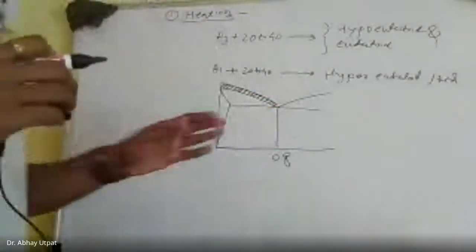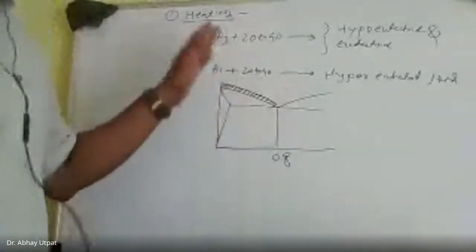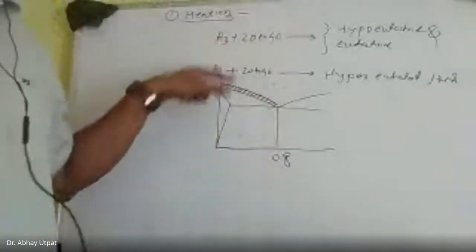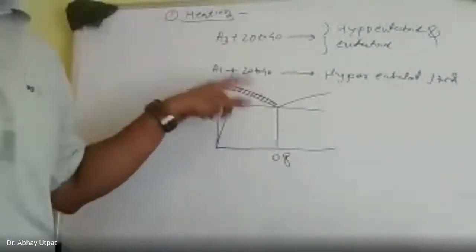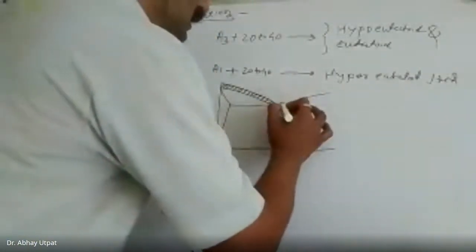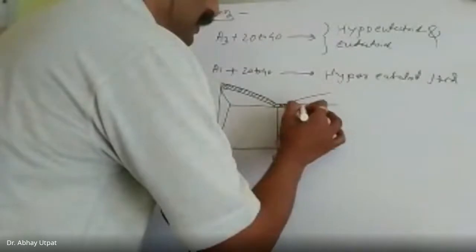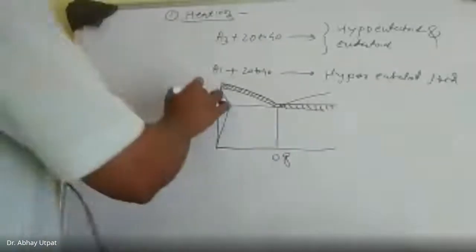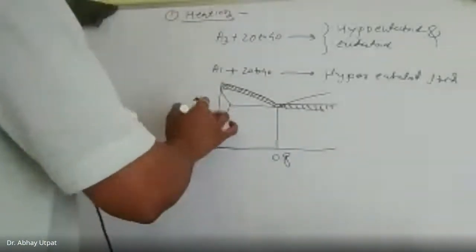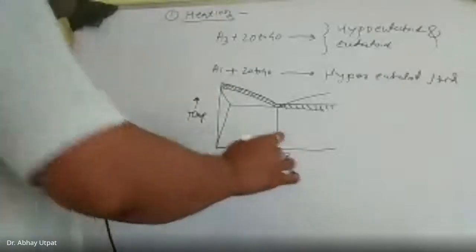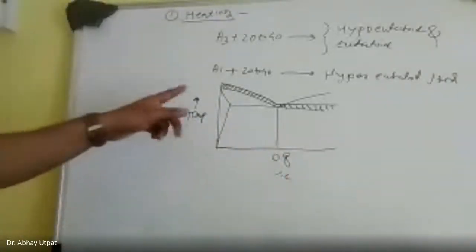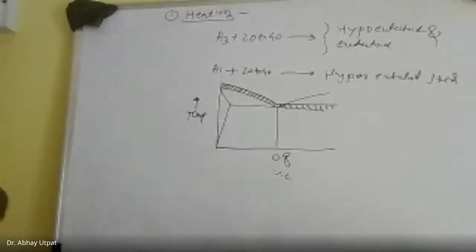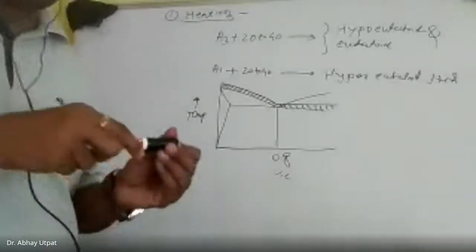This hatched part shows the heating zone for hypoeutectoid steel, that is some degrees Celsius above A3. But for hypereutectoid steel, it is A1 plus. That's why it is in this way. Draw this. And call this point number 2.